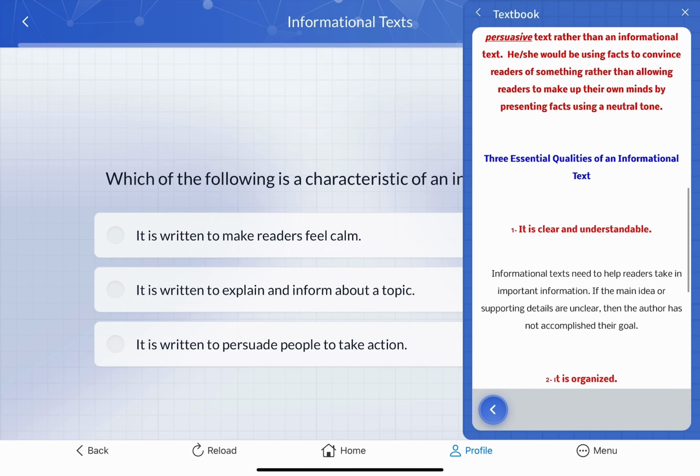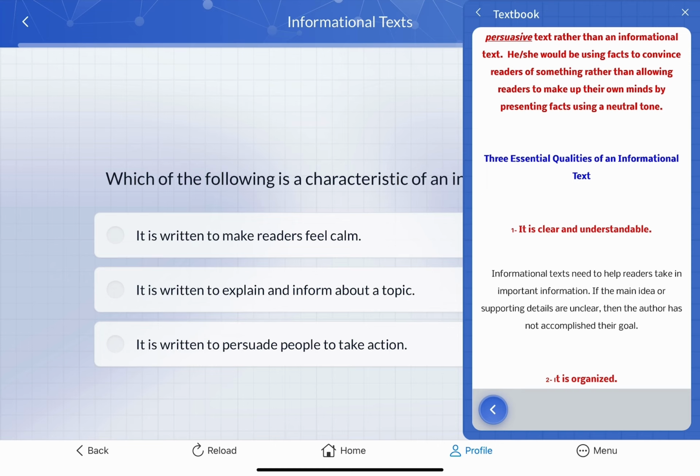And of course, when we're writing an informational text, there are some rules, and there are 3 essential qualities of an informational text that you need to remember when writing one. The first thing is that when you're writing this text, you need to help the reader take in the important information.